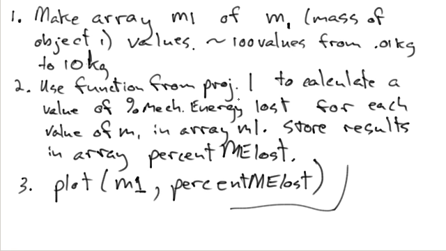I've already defined all these things, the array M1, and I actually should say plot the percent energy loss array versus the M1 array. But this is an easy way of doing it, and this actually represents the end of project number 2, video number 1.